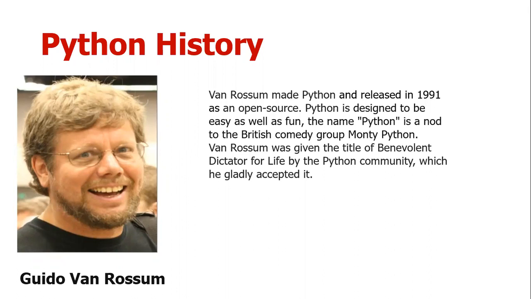It is a comedy show on the BBC. That is the reason why Guido Van Rossum gave this programming language the name Python, because he is very much interested in that particular comedy show.